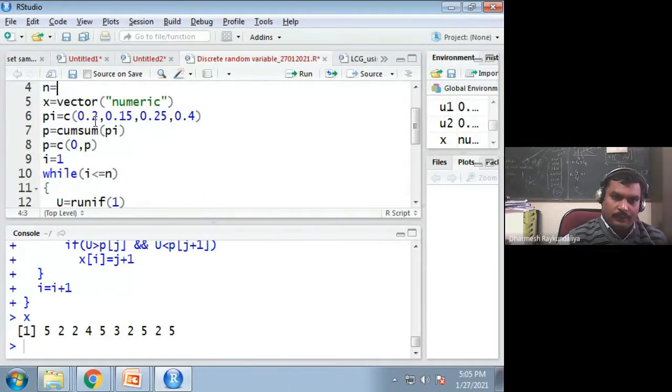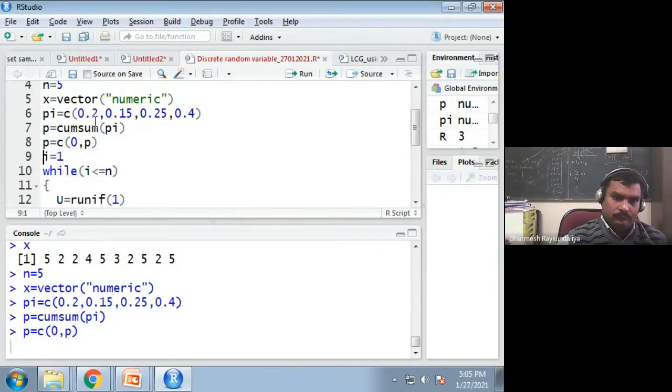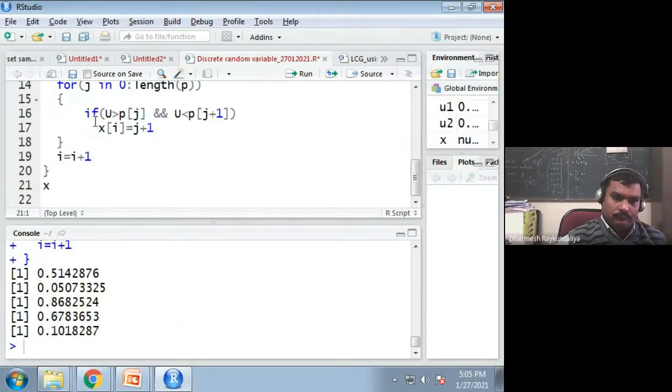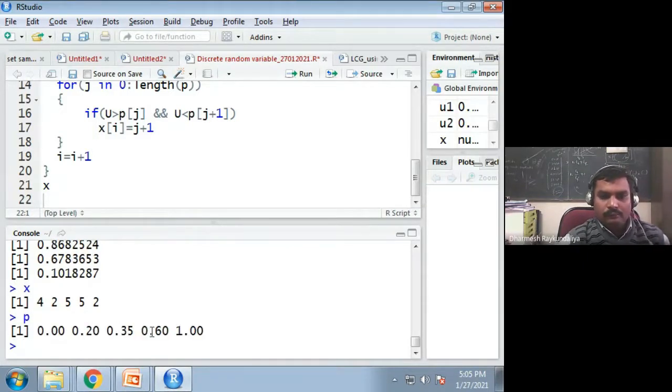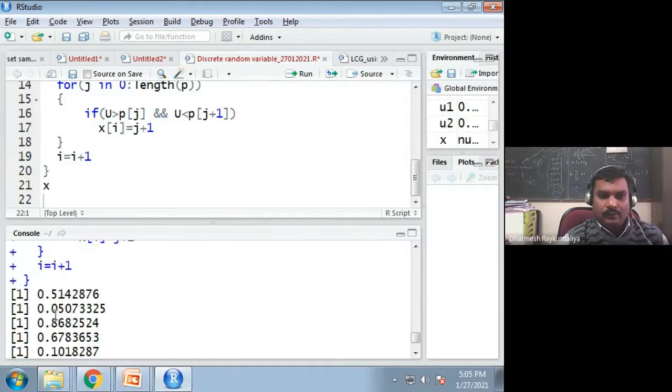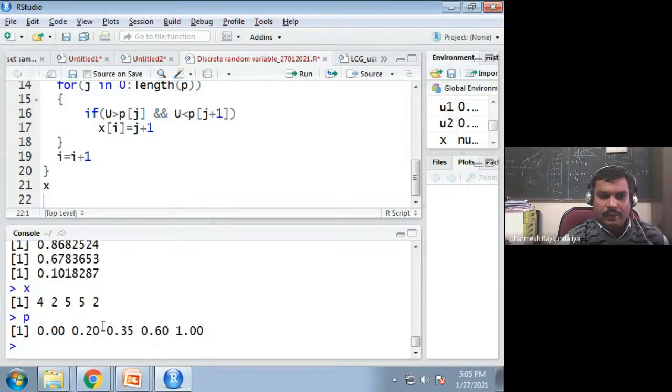Let me generate the first 5. So 0.51 is less than 0.6, so it has generated 4. It is fine. Then 0.05, which is less than 0.2, so it has generated 2. This is position 1, 2. But actually this is my 1. So what happened? I have to subtract every time.